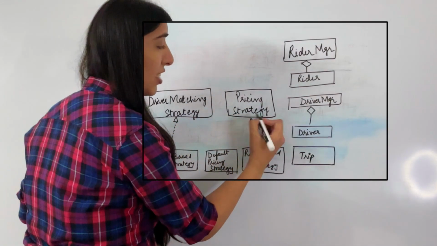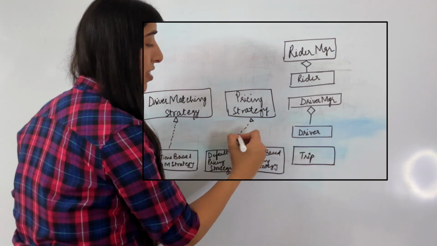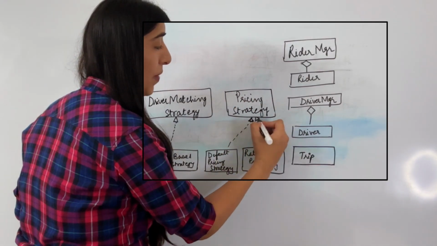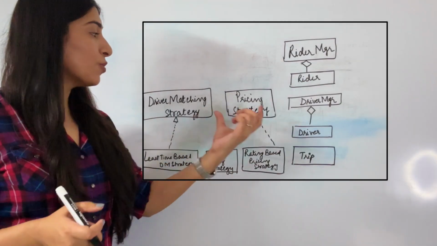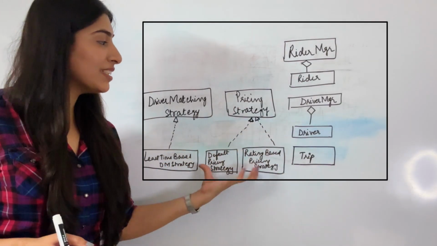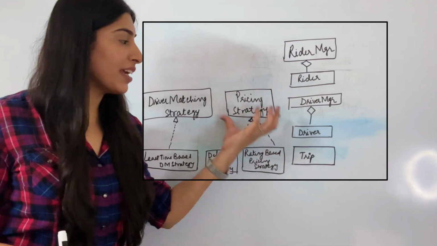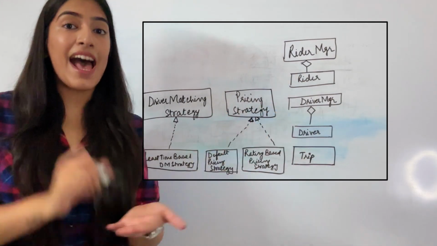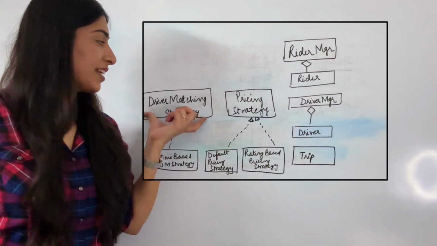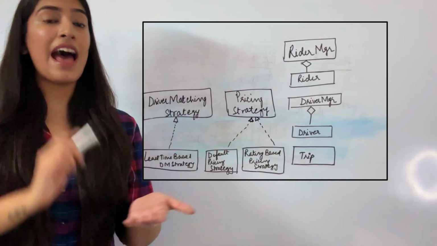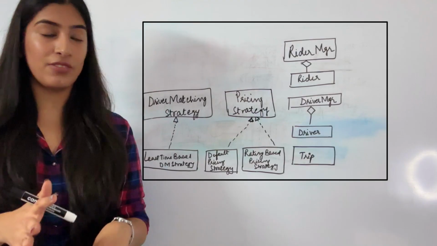Similarly, pricing strategy is an interface and these two classes are going to implement the function calculate price. What happens when we have interfaces? We are making sure that every strategy inheriting from pricing strategy has to implement the function calculate price, and every strategy inheriting from driver matching strategy has to implement the match driver function.